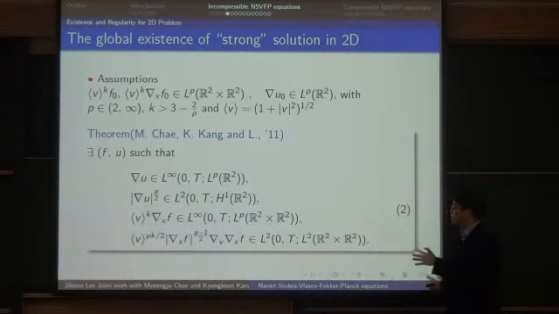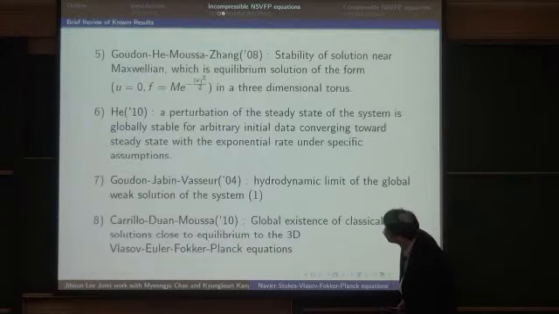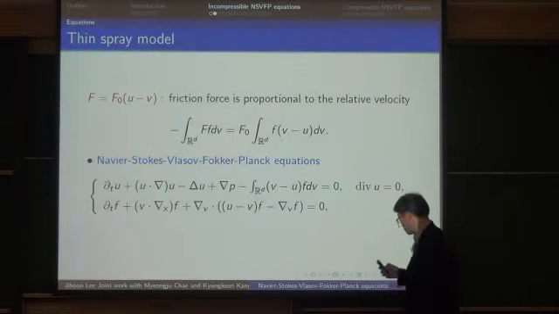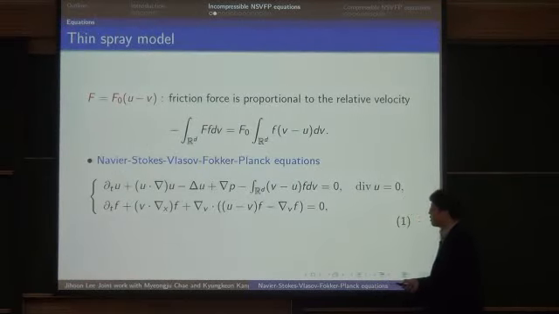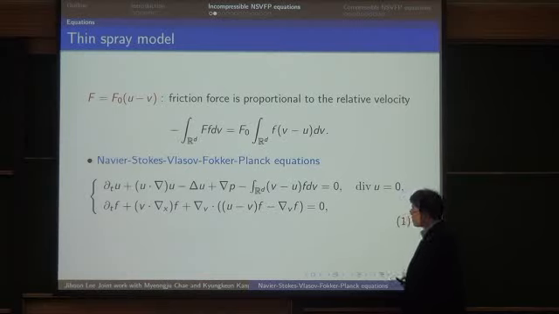And for the Vlasov-Fokker-Planck equations, if we consider any dimensions, actually if we ignore u, then this is just a linear equation. Actually this is a linear equation, so we can have some good properties. And furthermore, we have this kind of Fokker-Planck terms.